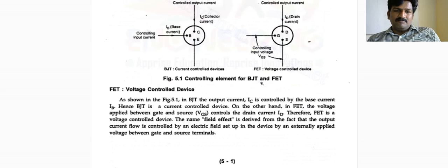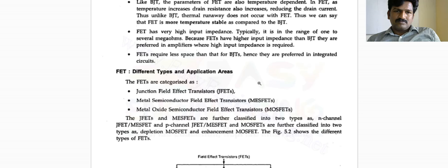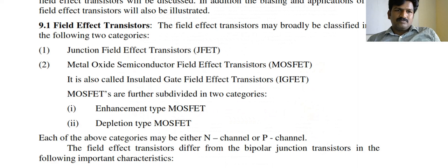Then we have different varieties of transistors. Field effect transistors include the junction field effect transistor, the metal oxide semiconductor field effect transistor, and the insulated gate field effect transistor, and some of them are subdivided, like MOSFETs, into enhancement type MOSFET and depletion type MOSFET.